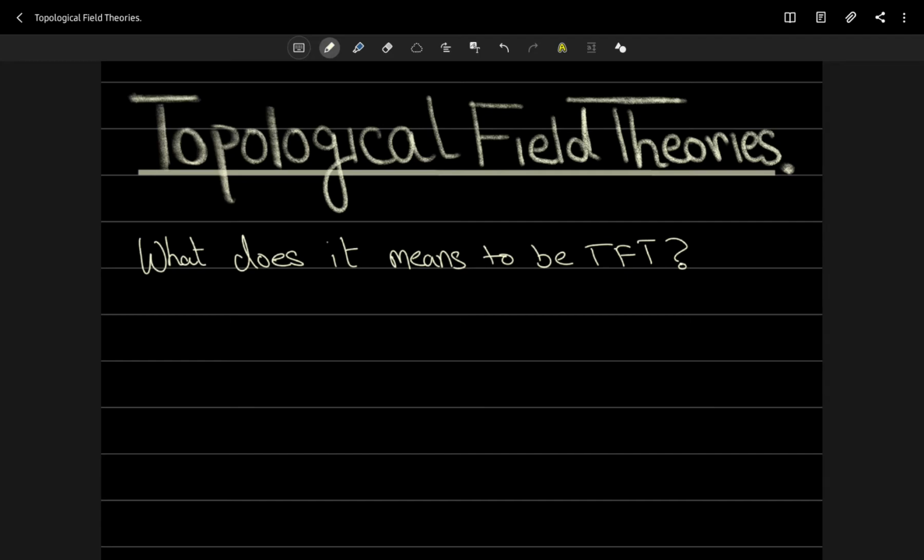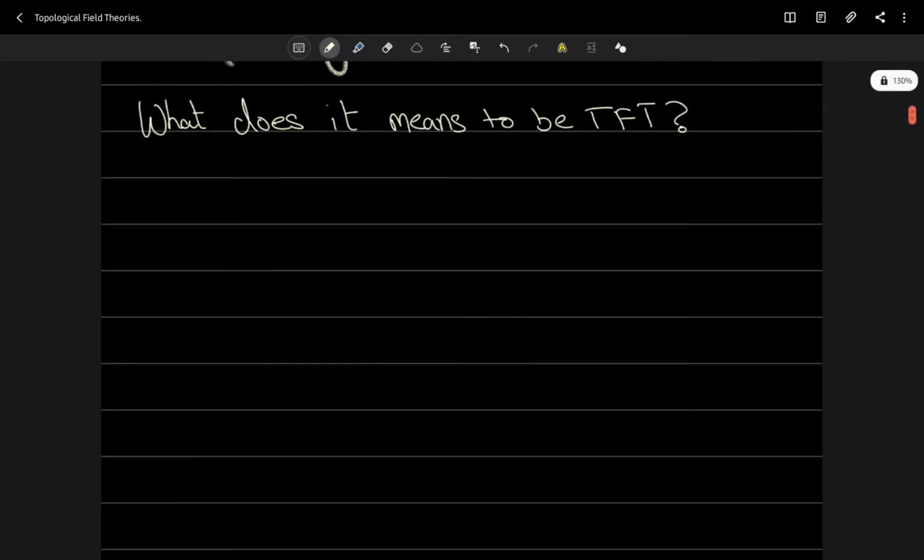Now, in specifying a space-time, we have almost two independent features. The first one is geometry.